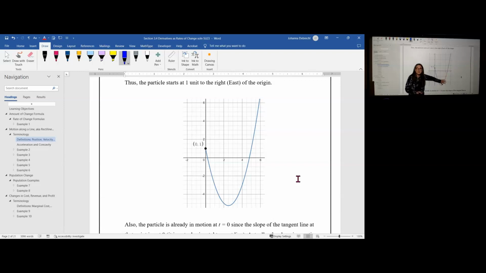It's still in this section on the west side of Denver because it's below the x-axis, but it must be headed back east because here, from close to 5 out, it's back again on the east or right side of Denver. We can also tell that this particle is already moving at t equals 0 because the slope of the tangent line at the point (0, 1) is not 0. This car did not start from rest.